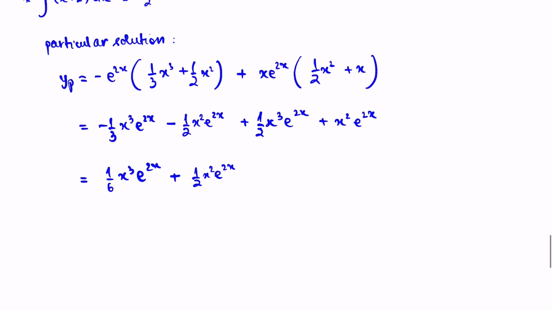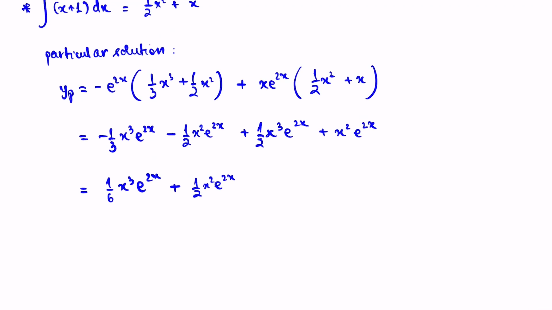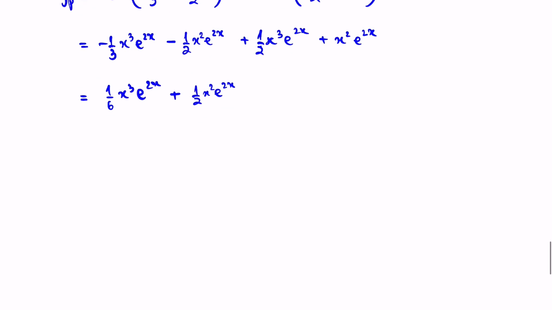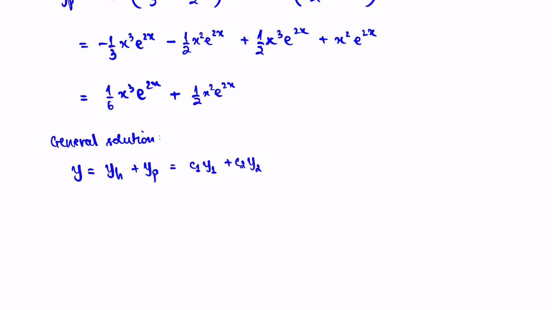Then after you get the particular solution, you can combine this with the homogeneous solutions to write out the general solution. So the general solution is y equal to y sub h for the homogeneous solution plus y sub p for the particular solution. Now for the homogeneous solution, that's going to be c1 times y1 plus c2 times y2 plus y sub p, for y1 equal to e to the 2x and y2 equal to x times e to the 2x.